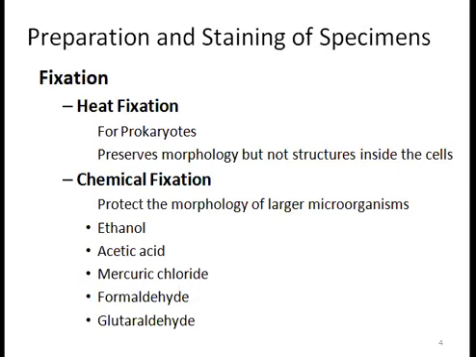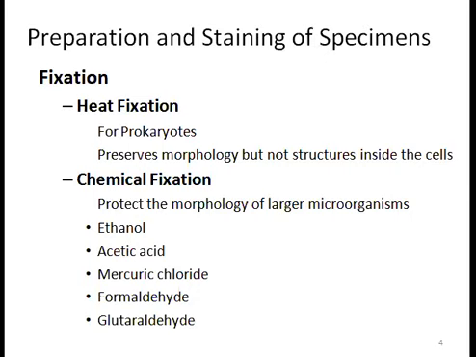Then we gently heat the back side of the slide over a flame, which could be from a spirit lamp. This heat fixation preserves the overall morphology but not the structures within the cells.